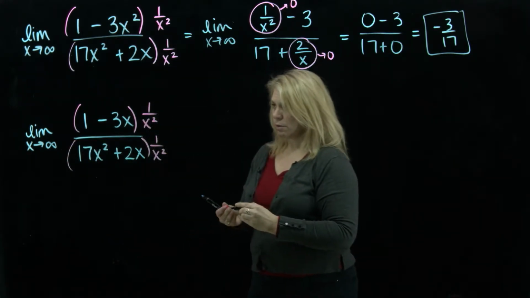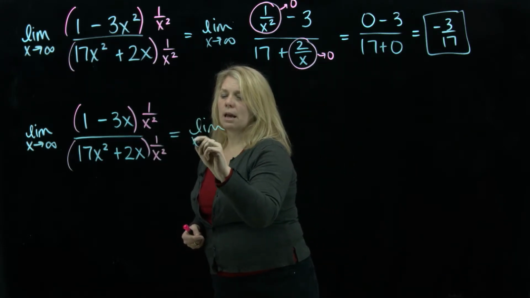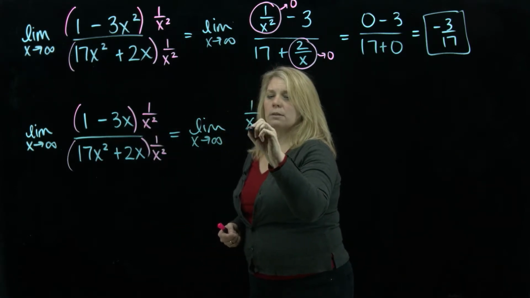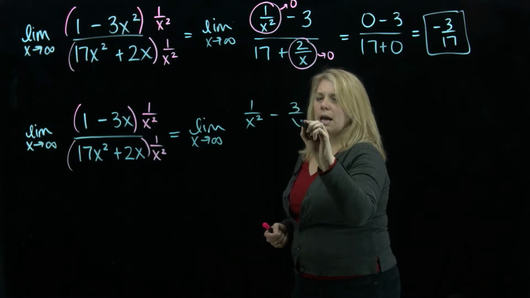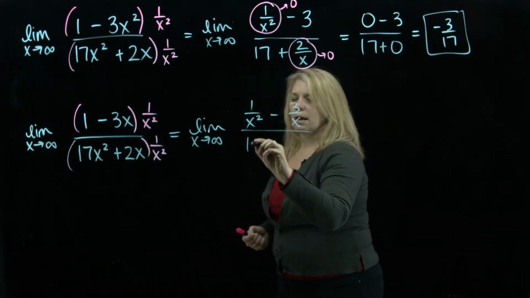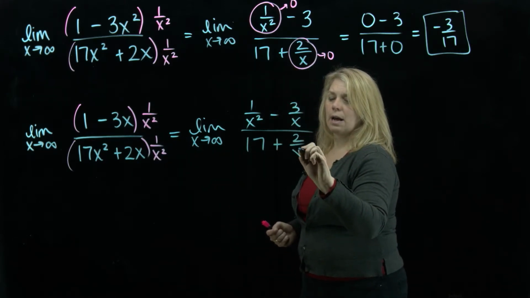All right, so when you do that, I'm still going to write lim, x approaches infinity up front. I'll end up with 1 over x squared. Here, I'll end up with minus 3 over x on the numerator. On the denominator, I'll have 17 plus 2 over x.